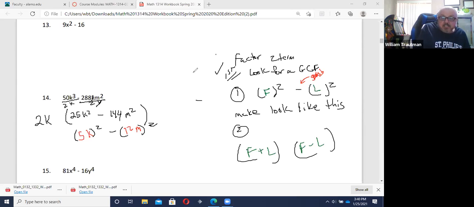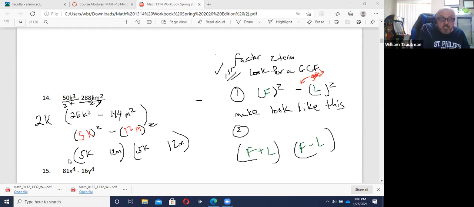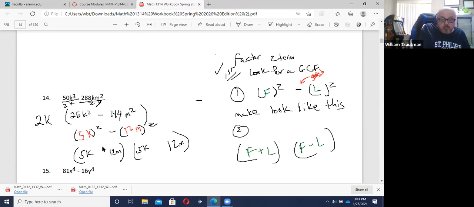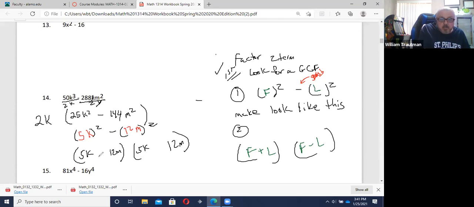Now we're going to put this in two big parentheses. 5K goes into the first spot of each. 12M goes into the second spot of each. One has to be a plus, one has to be a minus.